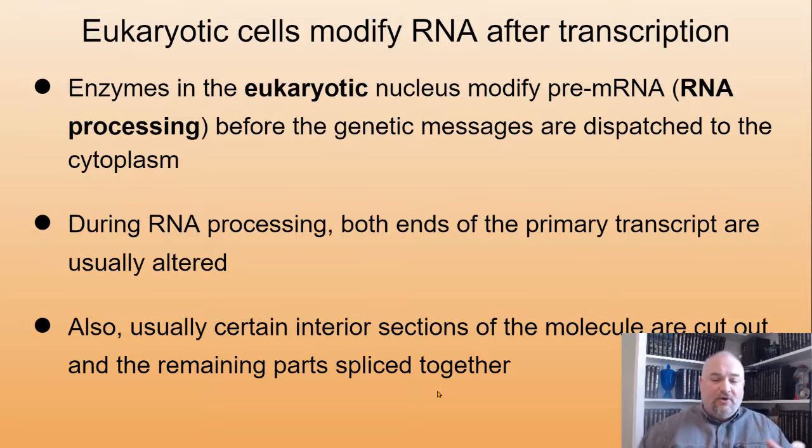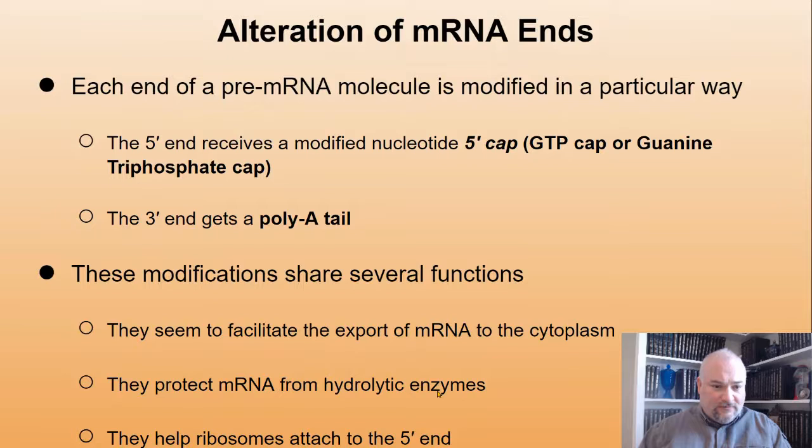During this process, both ends of the primary transcript, that initial thing we made off the DNA, are usually altered, and often internal sections of the mRNA are cut out and the remaining parts spliced together. So let's talk about both of those points here a little bit more.